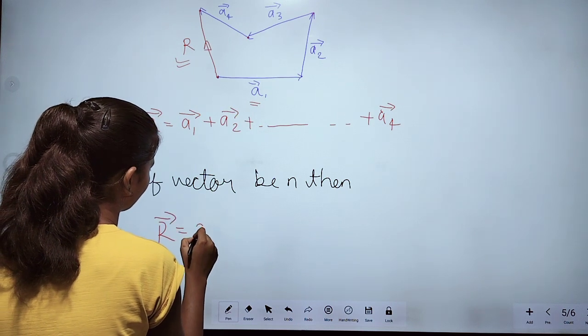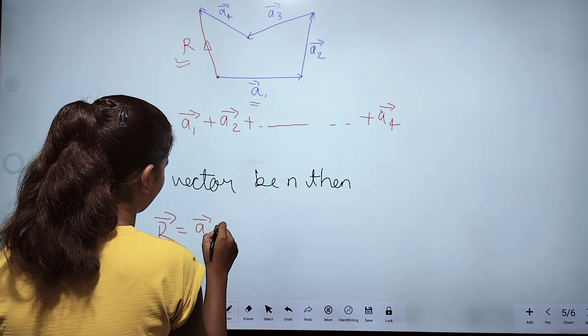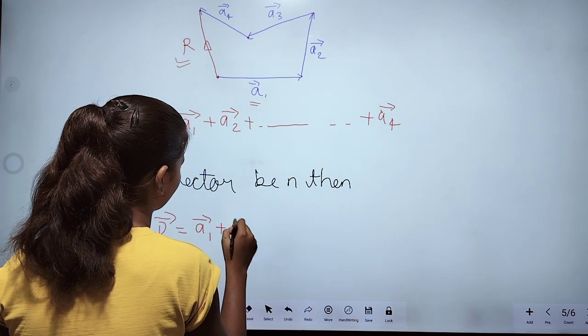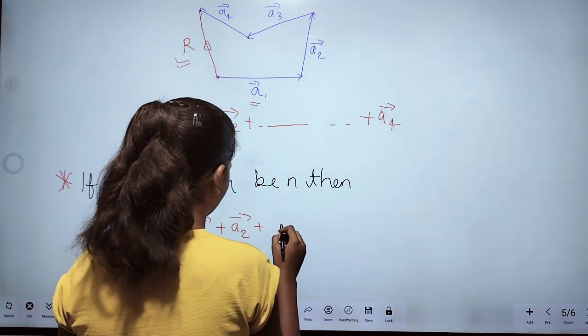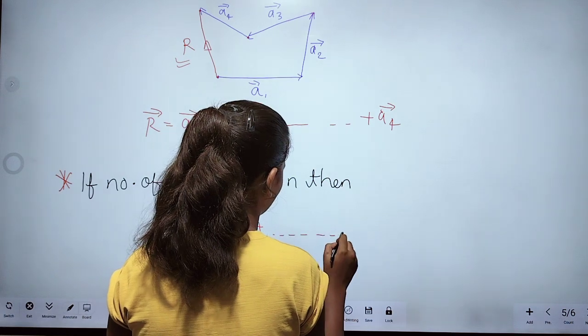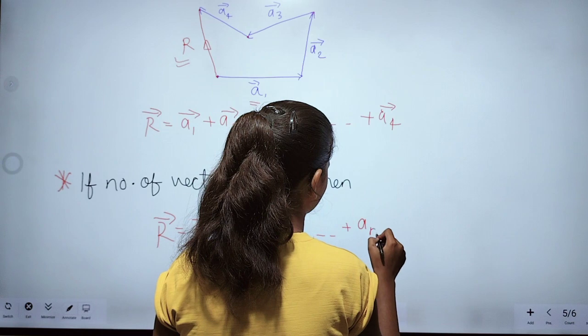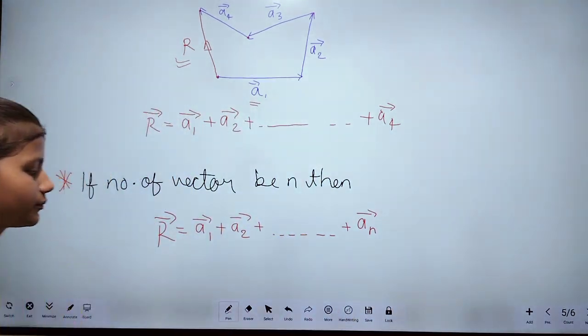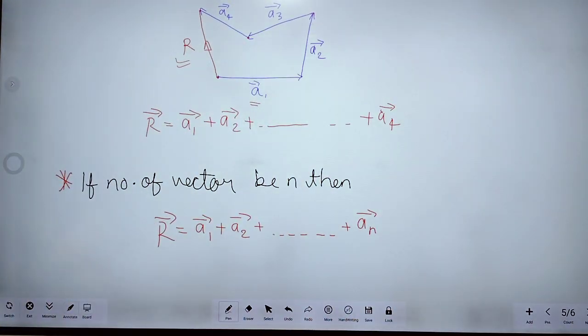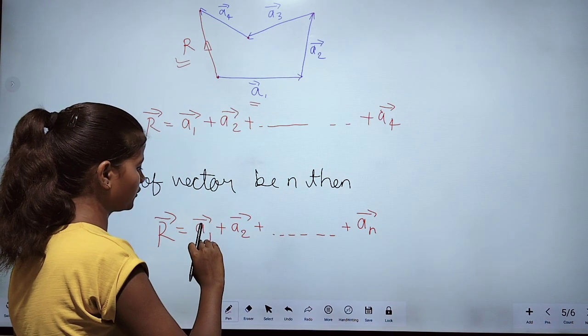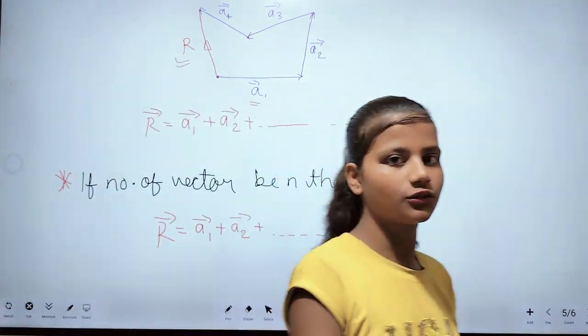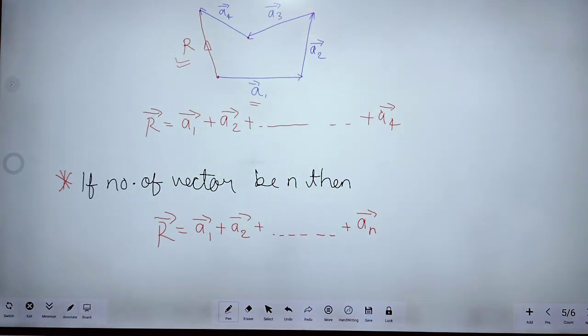R vector is equal to A1 vector plus A2 vector plus and so on plus An vector. Okay. If the number of vectors is n, then R vector is equal to A1 vector plus A2 vector plus and so on to An.